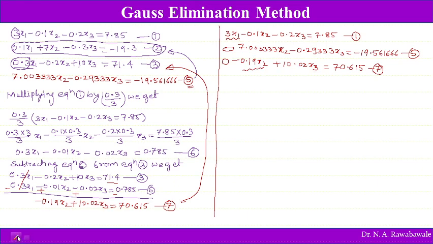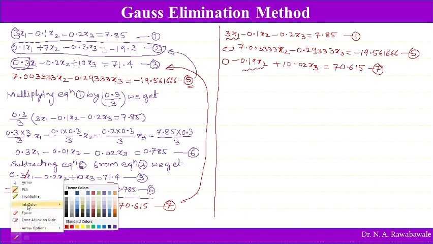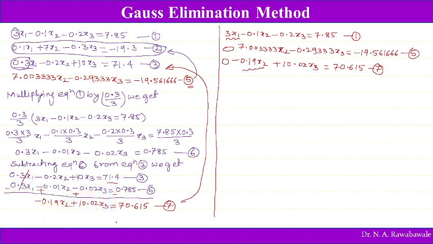Therefore this 0.19 we want to reduce to 0. Therefore this equation number 5 is multiplied by 0.19 and divided by 7.003333. Then this equation gets converted into some new equation, say equation number 8. That equation number 8 is subtracted from equation number 7. At that time this term x2 will vanish.